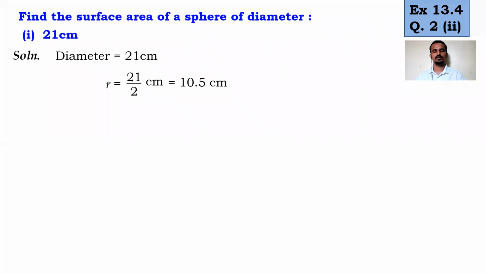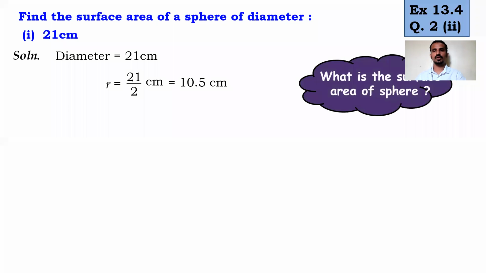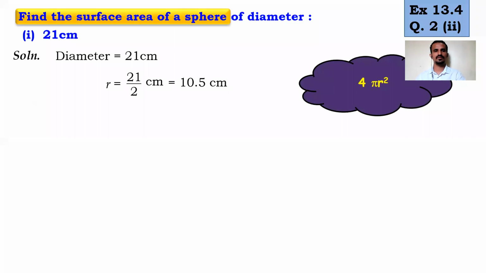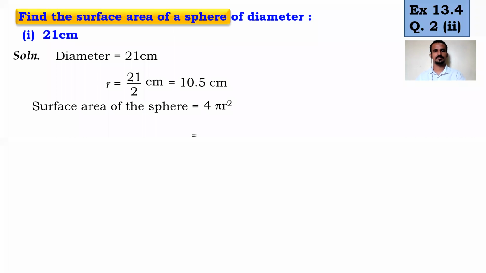All right. So radius is 10.5. Now we have to find out the surface area. The formula we just studied, surface area of a sphere is 4 pi r square. Okay, let's do this calculation, everyone. Surface area of a sphere is 4 times pi r square.